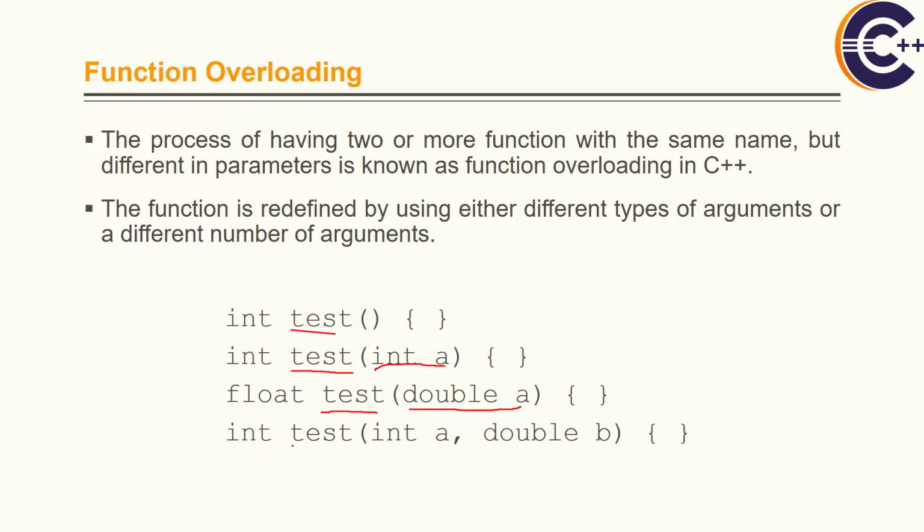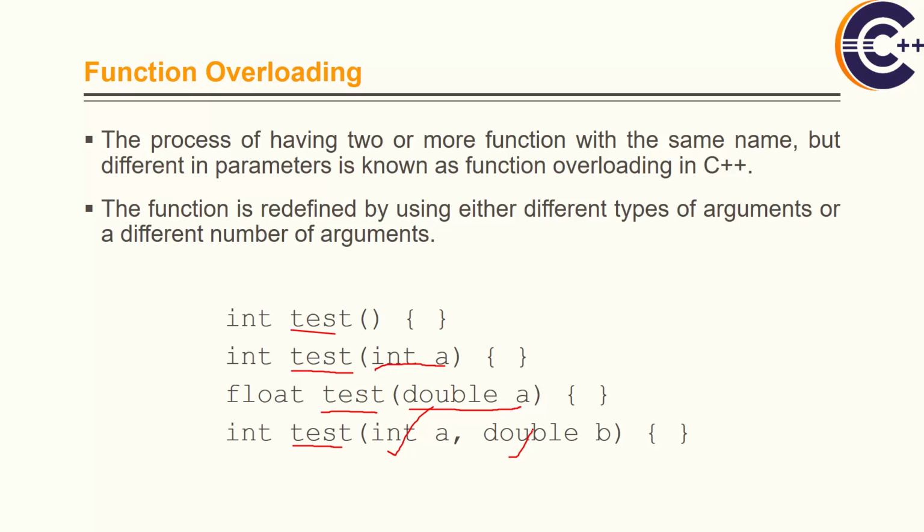And the fourth method is also test, but it has two arguments, one integer and the second double. So here I write four methods with the same name but all have different numbers of arguments and different data types, and also return types can be different. This type of condition is known as function overloading or method overloading.